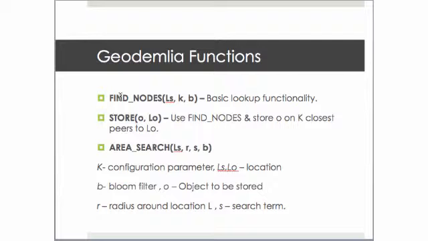The area search request returns all the previously stored objects O that match the search term S and are located within a circle of radius R around the target location. Keep in mind, the Bloom filter here is a filter that helps us remove duplicate peers being returned.